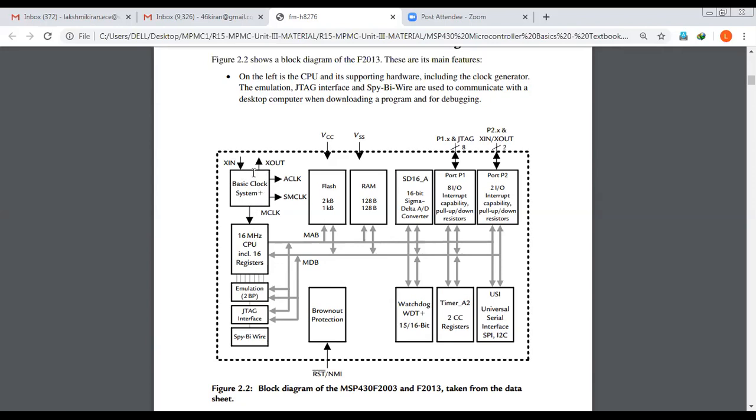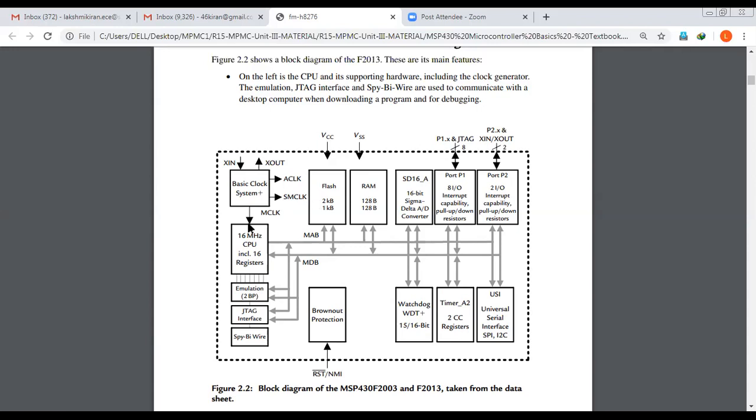For the basic clock system, the input is the Xin, that is the crystal input, because here it will be containing a crystal oscillator. So the crystal oscillator gets input from X in and gives outputs like X out, A clock, SM clock, and M clock. This X out is useful for clocking the external device. The remaining M clock, A clock, and SM clock are for dealing internally. M clock is specially for the CPU, A clock for the low speed peripherals, SM clock for the high speed peripherals.